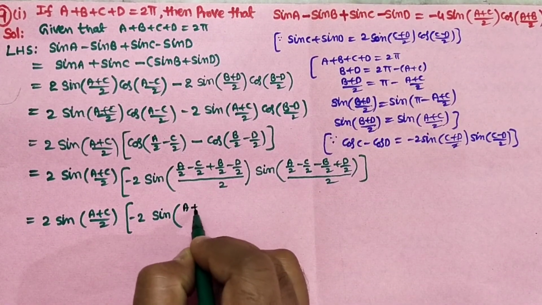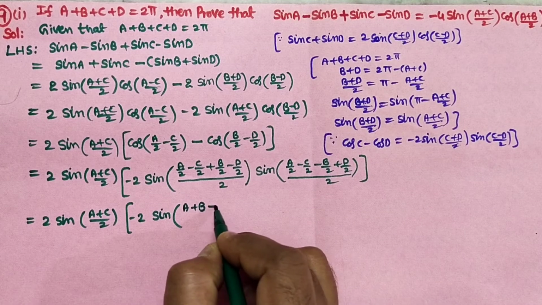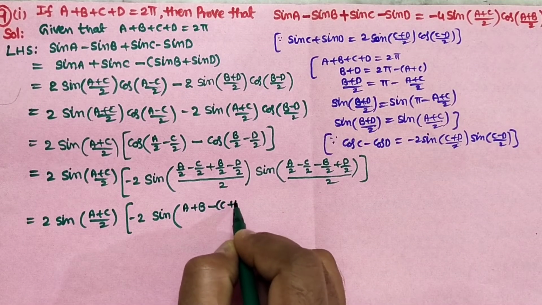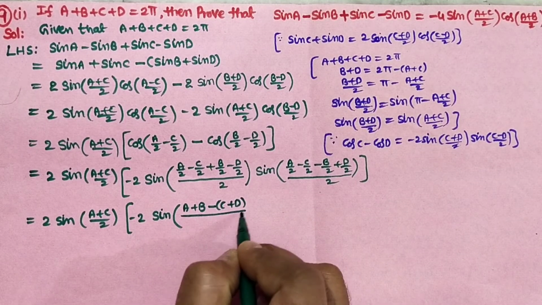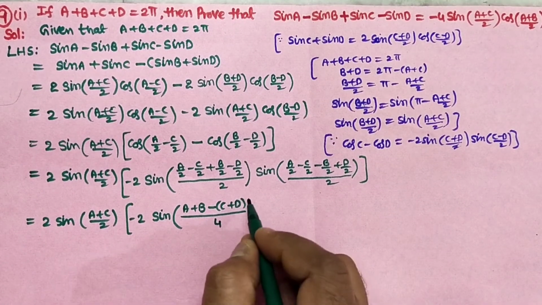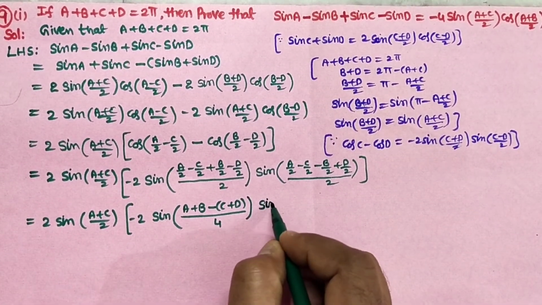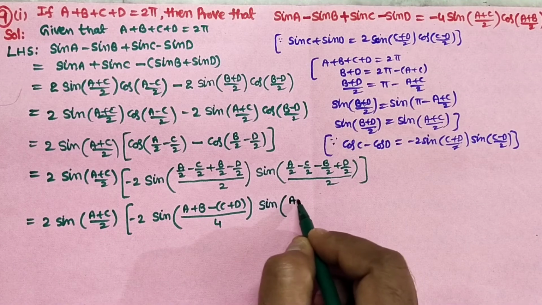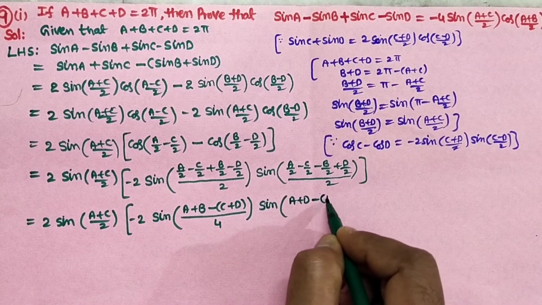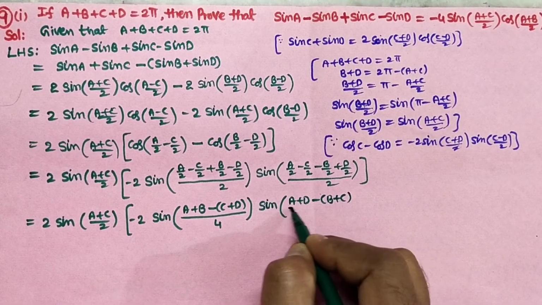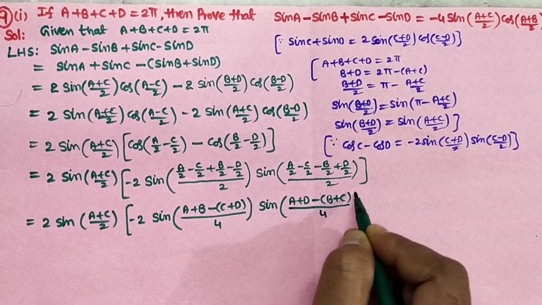So it will become (a plus b minus of c plus d) divided by 2. Sorry, 2 by 2 means it will become 4. Sine of (a plus d minus of b plus c) divided by 2 by 2, that means divided by 4.